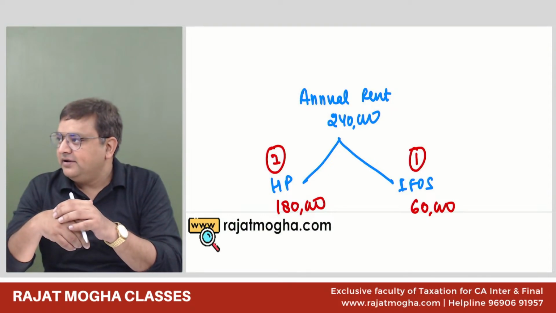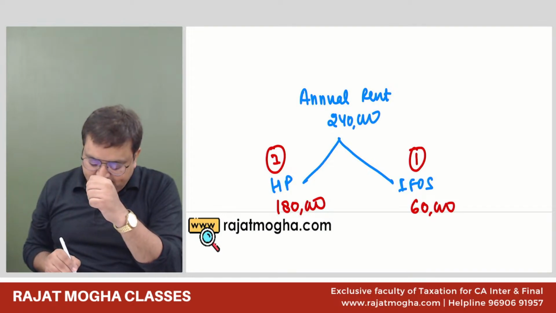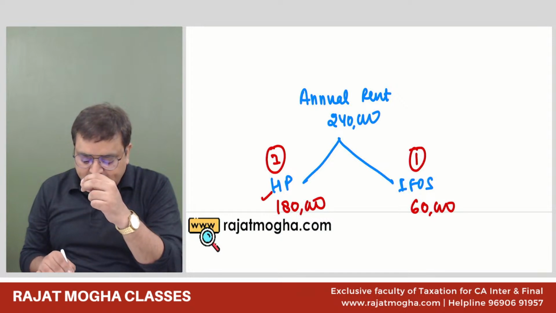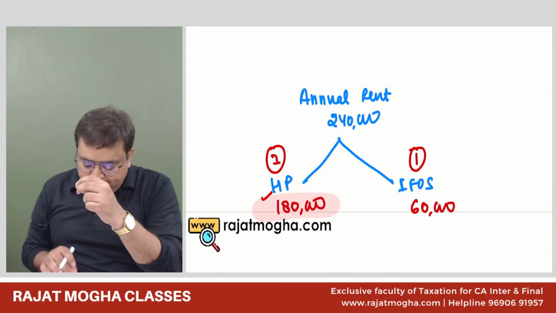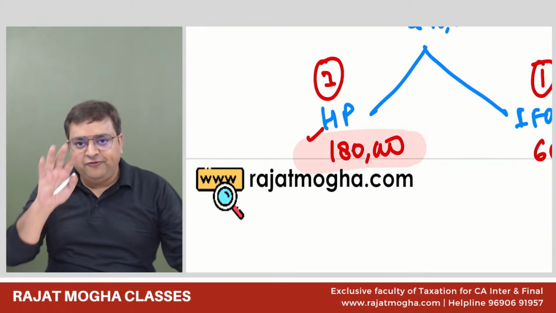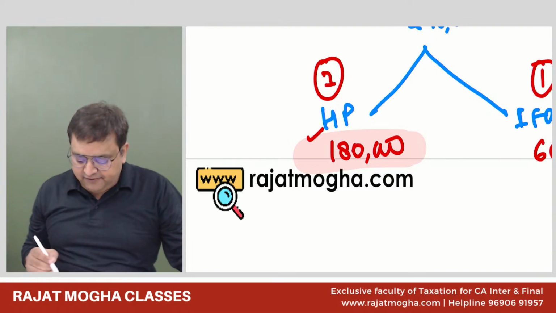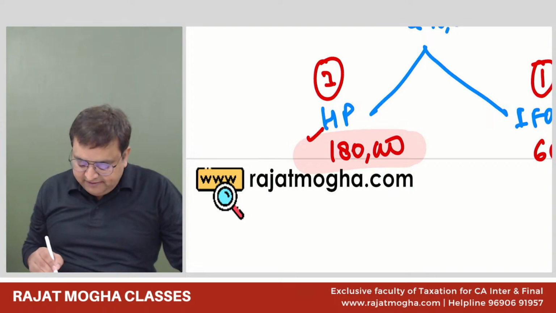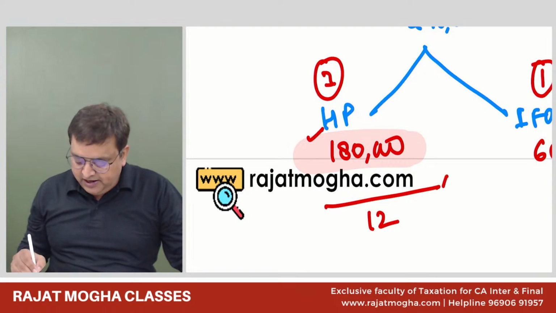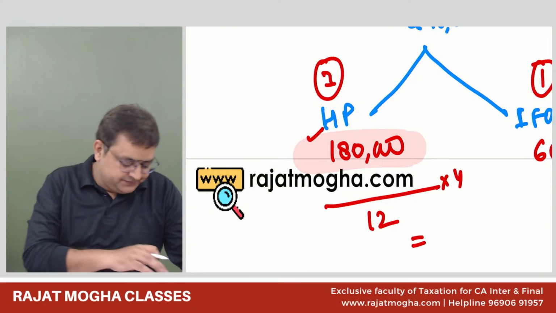Are you okay with it, everybody? So 1,80,000 is towards house property. And right now we are more concerned with house property. Please tell me, related to house property, now we have 4 months rent which we have not yet recovered. So 1,80,000 divided by 12, into 4. How much is it?